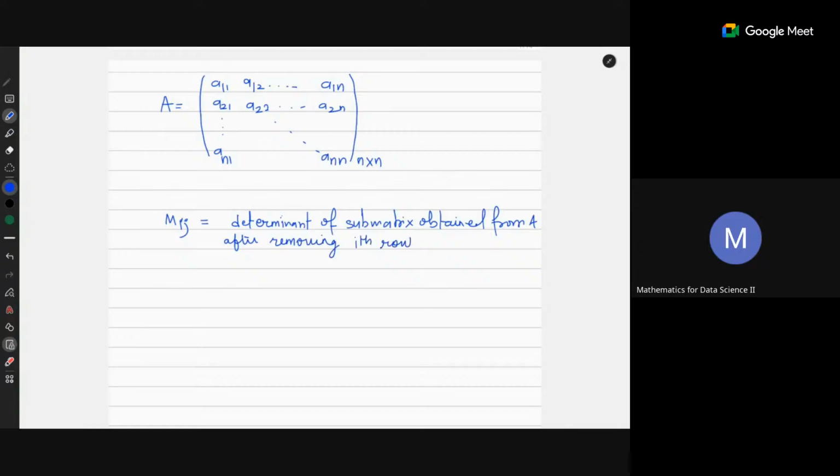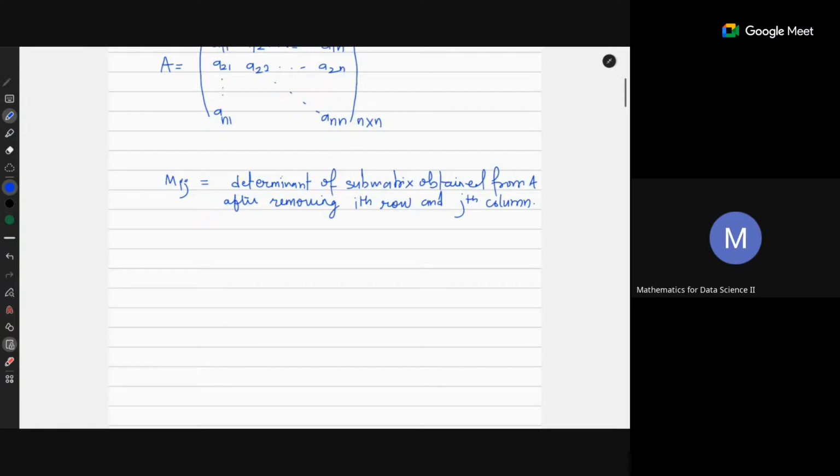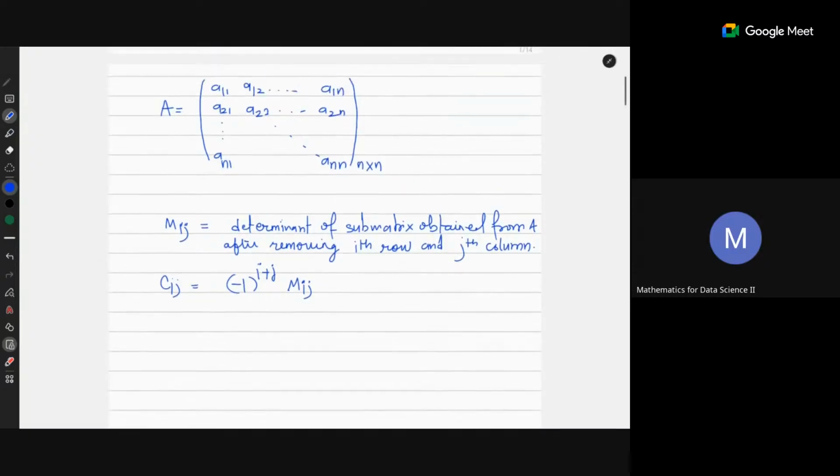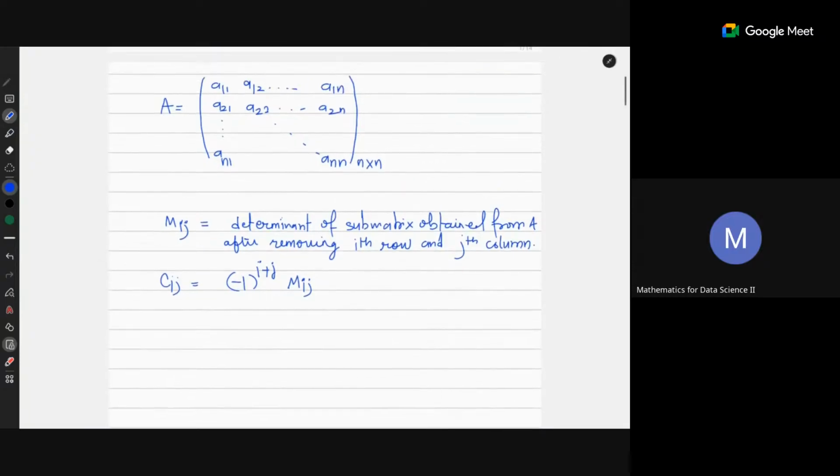And what is the cofactor? The cofactor is this factor of -1 to the power i plus j times the minor. Now we can use minor and cofactor.